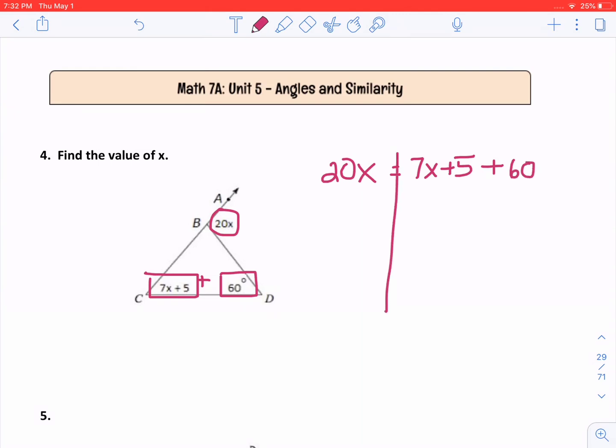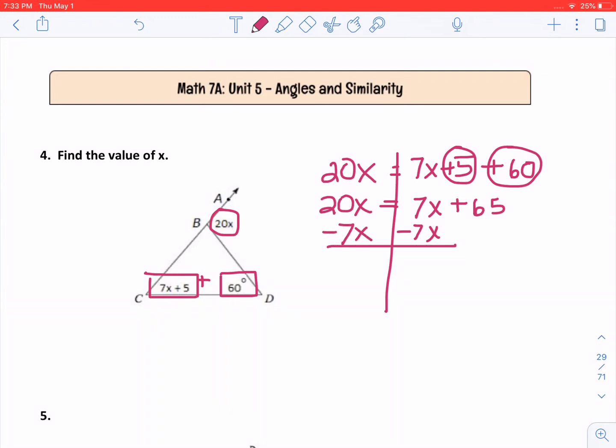Now let's solve the equation for x. So 20x is just going to stay, and we're going to combine our like terms on the other side. So 7x is all by itself, but we have 5 and we have 60. That would be 65. Now I want to get the x's to one side, so I'm going to move the 7x by subtracting 7x on both sides.